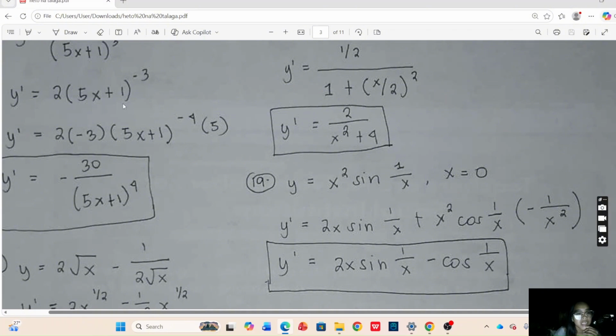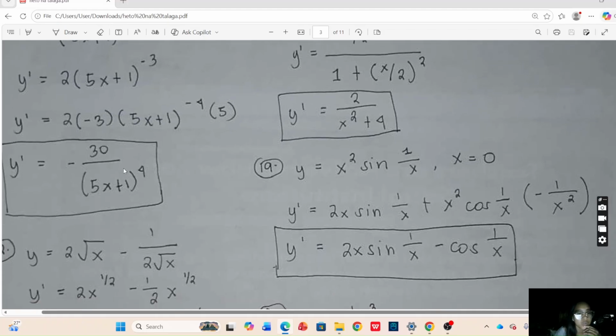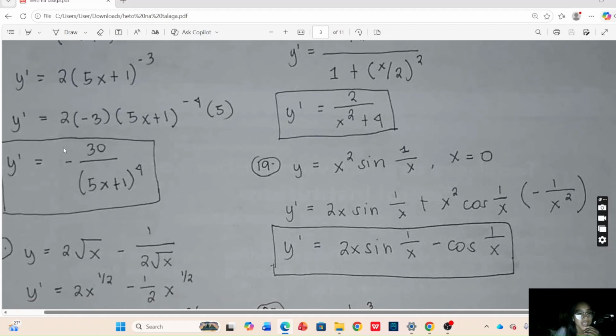It came from the derivative of the inner function. So 2 times negative 3 is negative 6, times 5 is negative 30, multiplied by 5x plus 1.